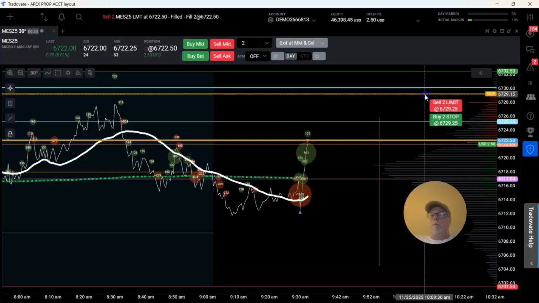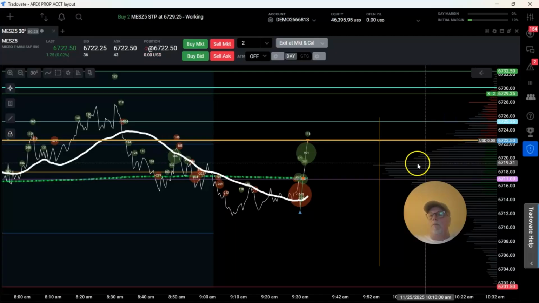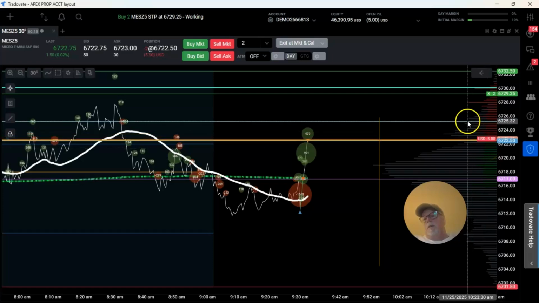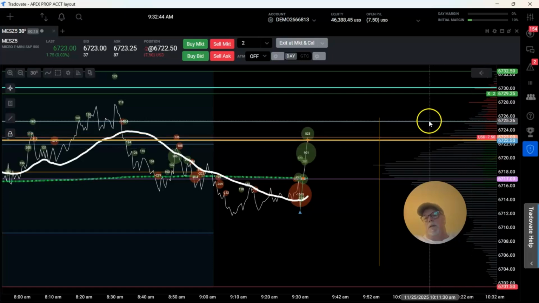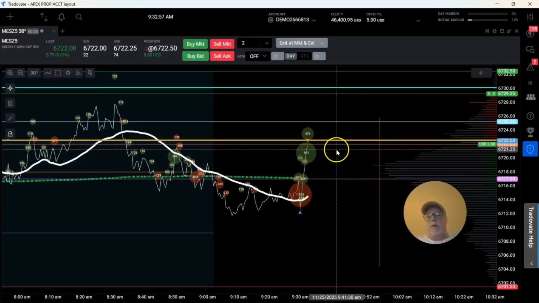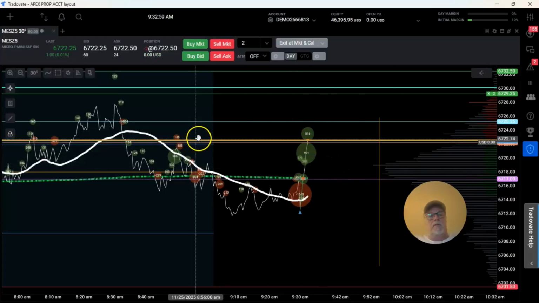We'll put something up here for a stop. All right, we're filled. This is the overnight, this is the open at 6 o'clock last night. So if we go much past that, I would bail and close it. Looks like we're respecting the point of control.